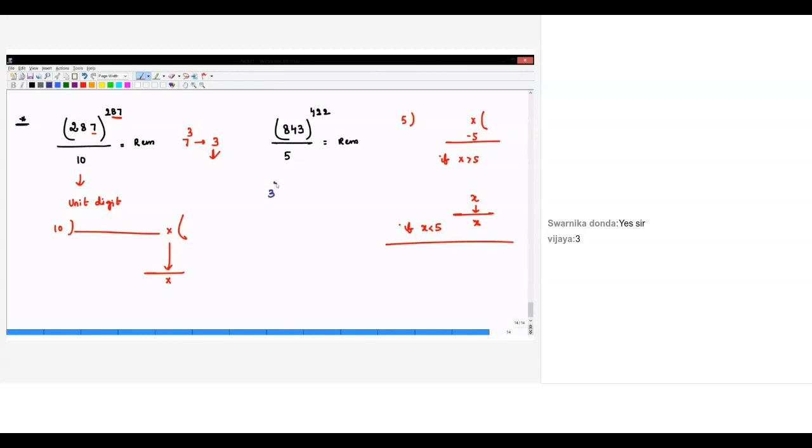It is 3 square, which is 9, but it is greater than 5. Therefore, take 4. But the logic behind both the numbers, when you divide it by 10 or when you divide it by 5, is simply the unit digit only. Remember, the logic behind both of them is simply unit digit. Okay.